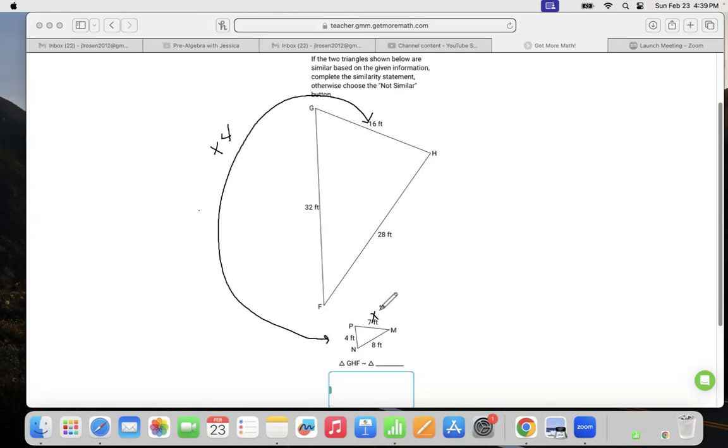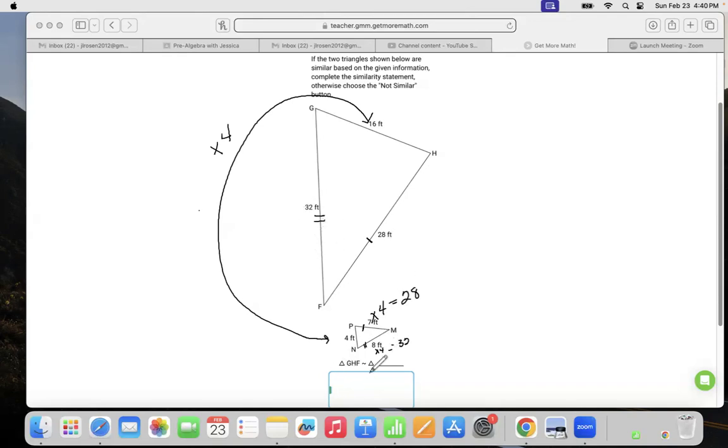So what's 7 times 4? Well, that would be 20, 24, 28, right? So that means that P and M would be similar to F and H. And then 8 times 4 gets me 32. So that means that NM is similar to FG.